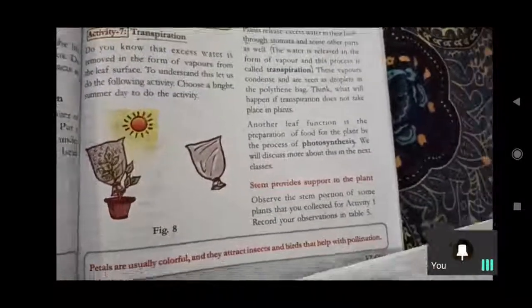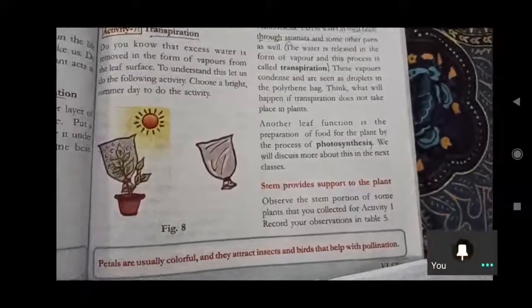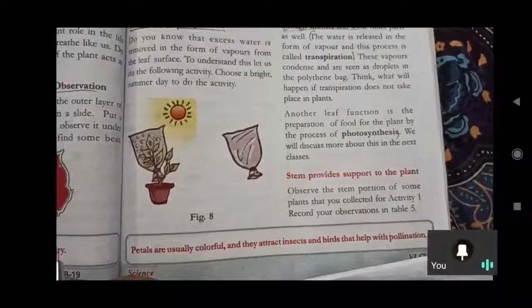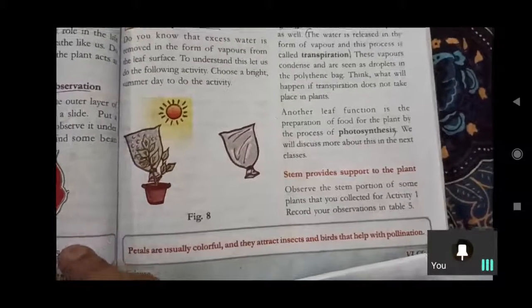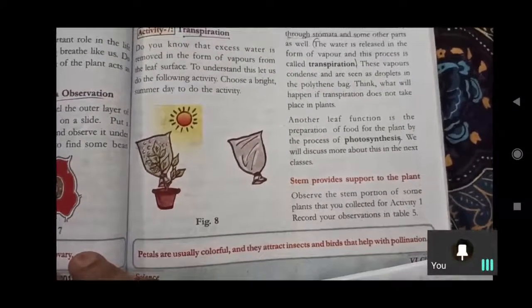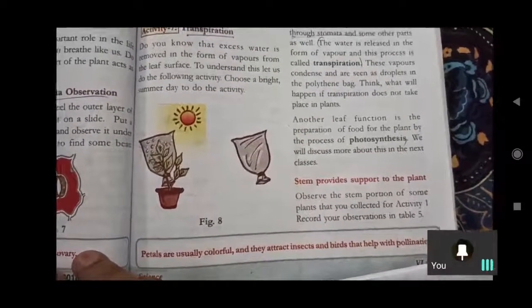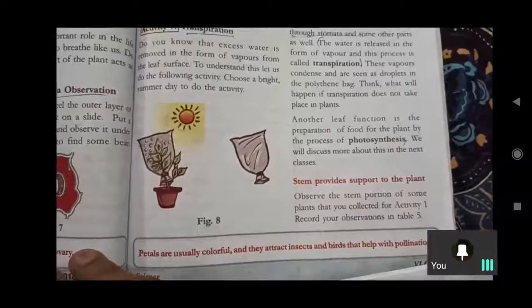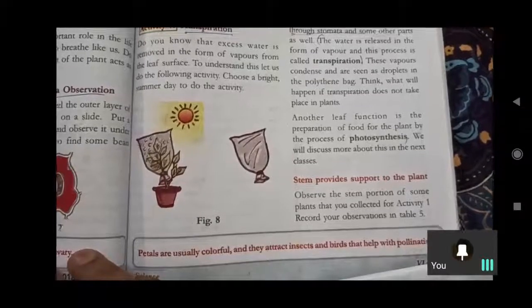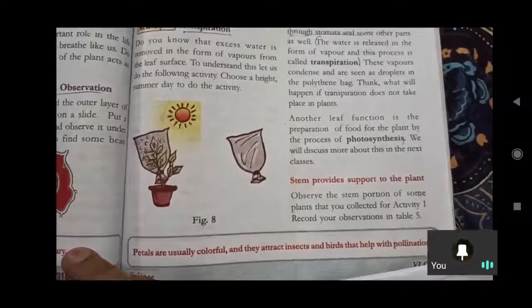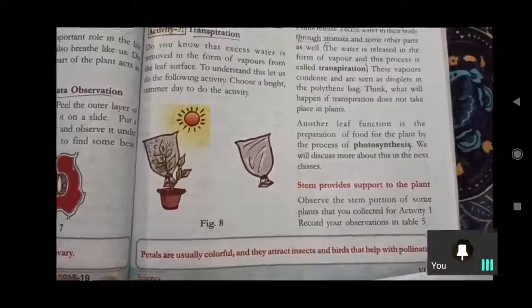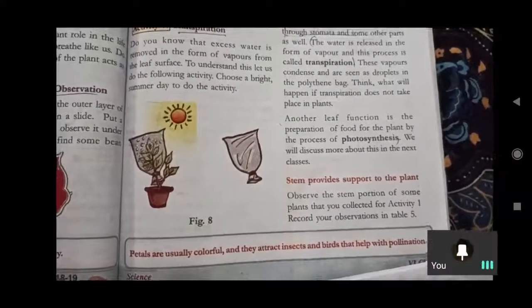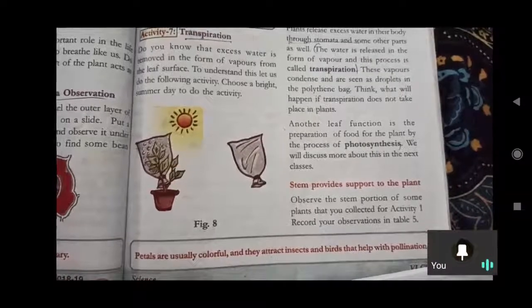And another function of the leaf is photosynthesis, because the green substance chlorophyll is contained in the leaves. Due to that only, photosynthesis happens, carbohydrates are generated, and oxygen is released. The plants take carbon dioxide in and give oxygen, and they give carbohydrates in the form of fruits, grains, vegetables, giving food to us.